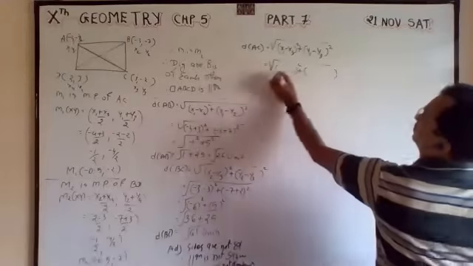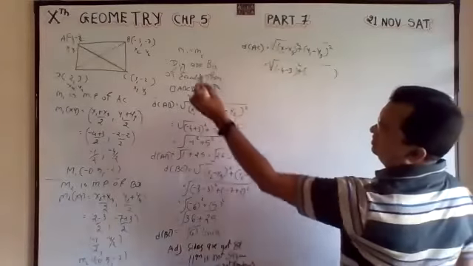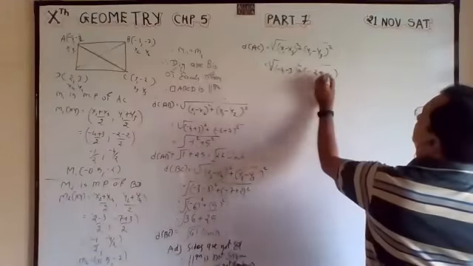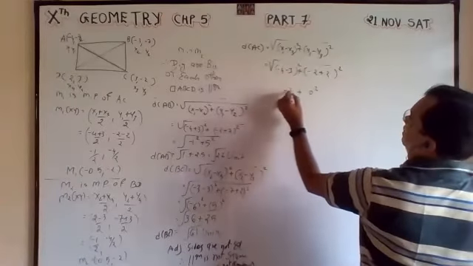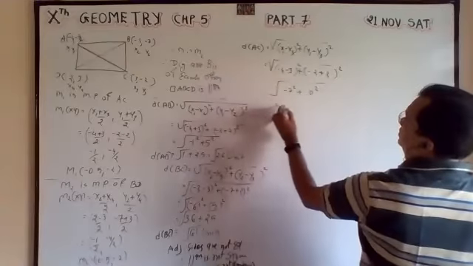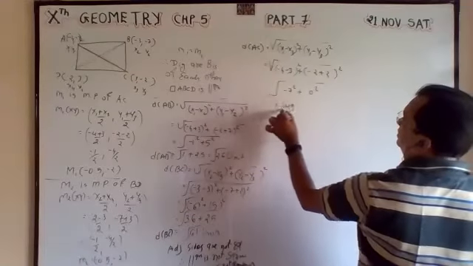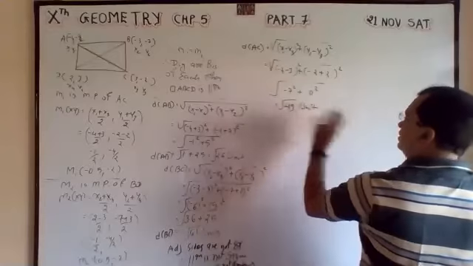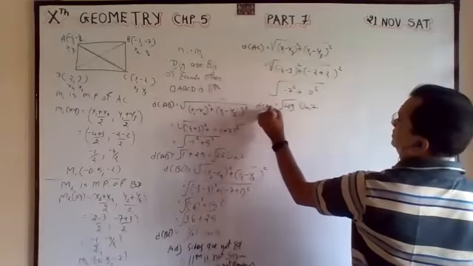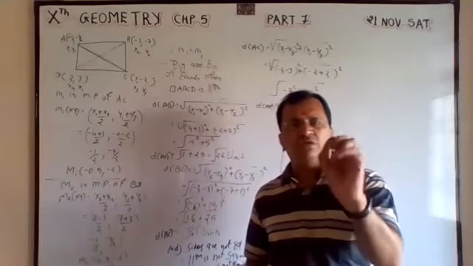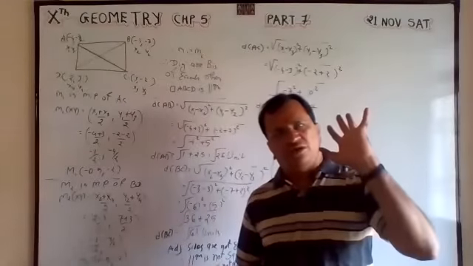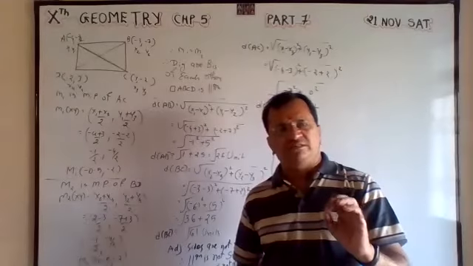First and third, minus 4, minus 3, minus 2, minus minus plus 2. So this is 0 square, this is 7 square. So this is 49. Take as it is. By the first test, you have to check whether diagonals bisect each other or not. If they bisect, then it is a parallelogram.